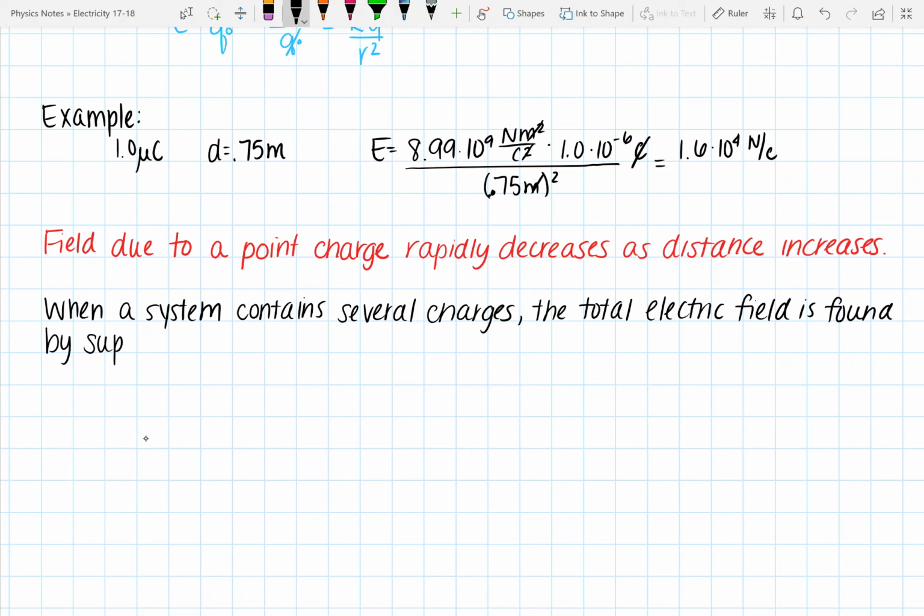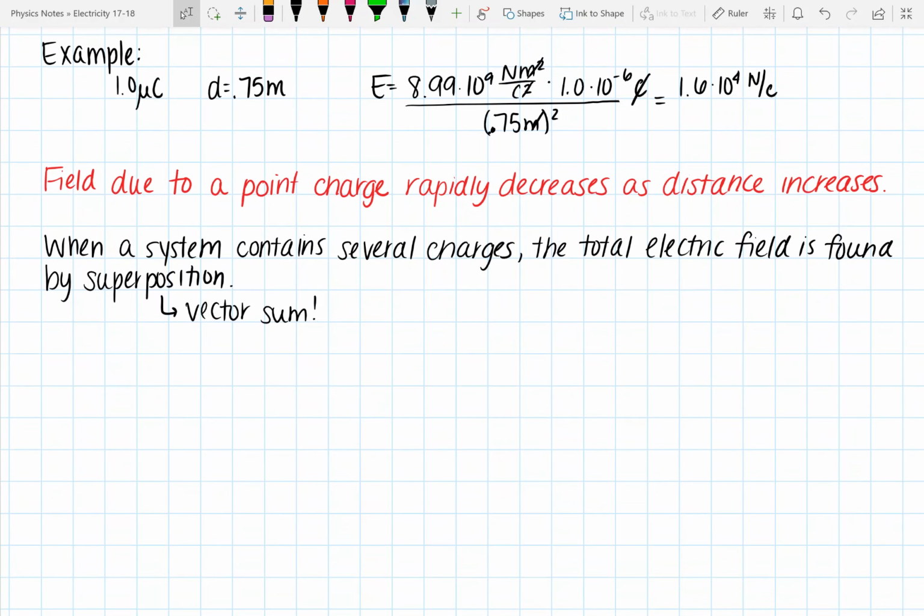And what I mean by that is, superposition is just the vector sum. And we've done a lot of that.